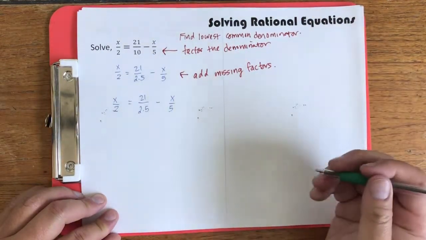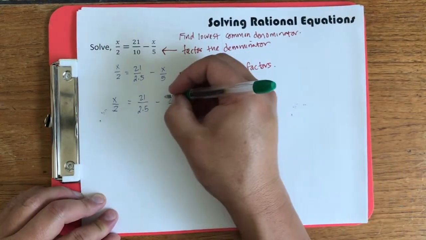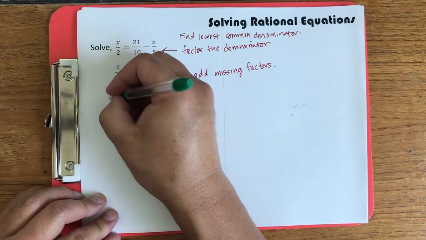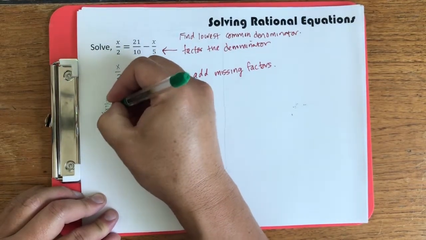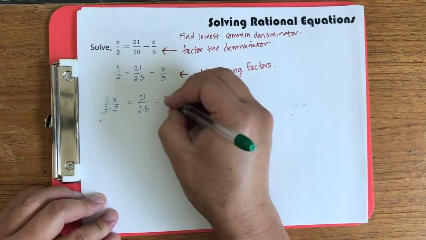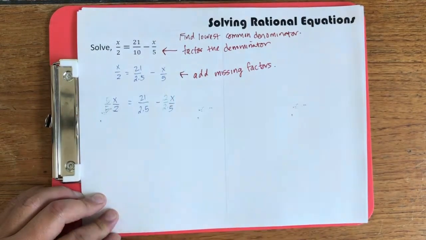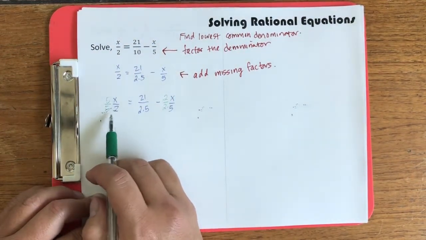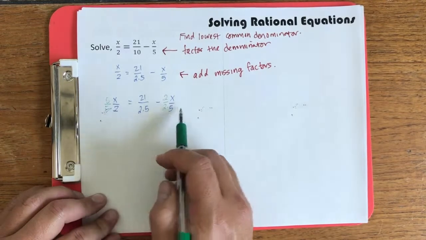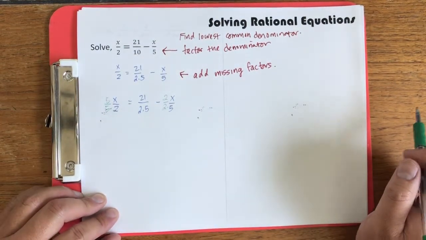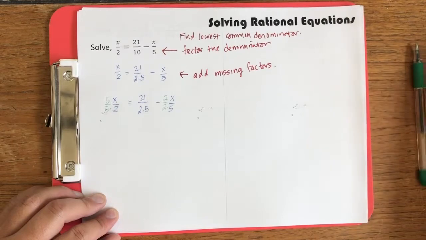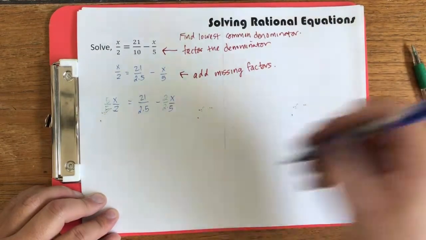And in order for me to have a common denominator, I'm missing a 5 over here in the denominator, and I'm missing a 2 over here in the denominator. Now, my denominator has a 2 and 5 for each one of these terms.